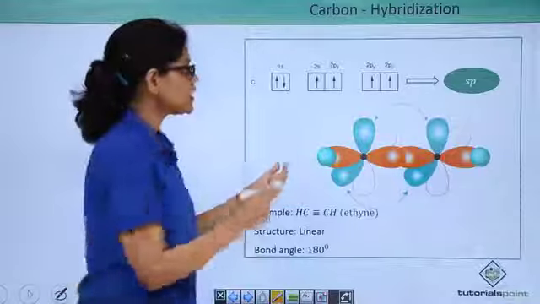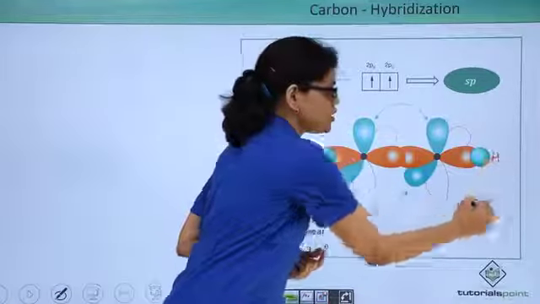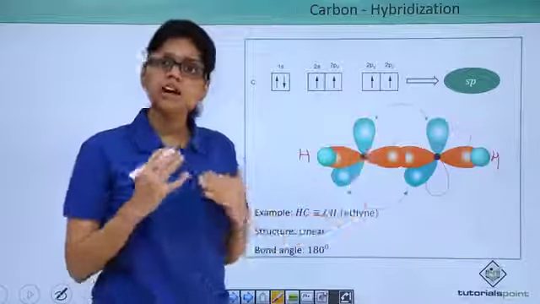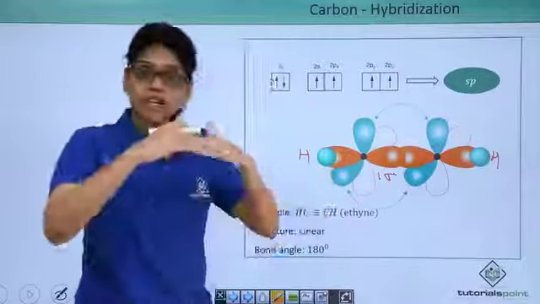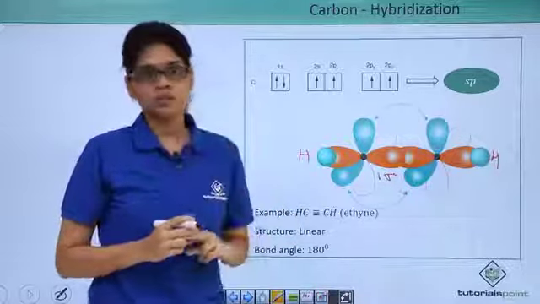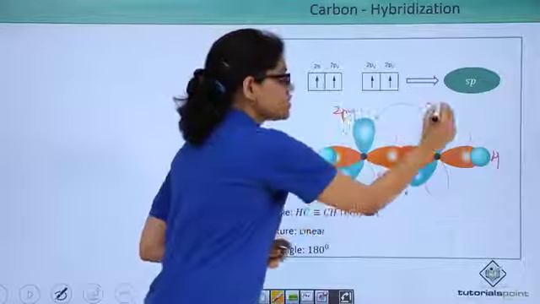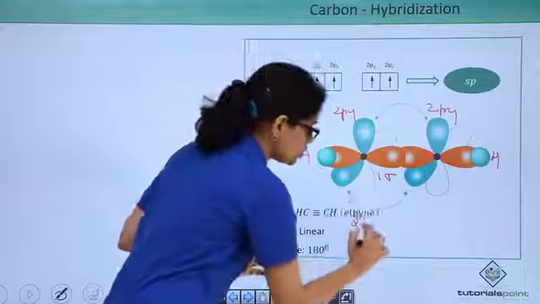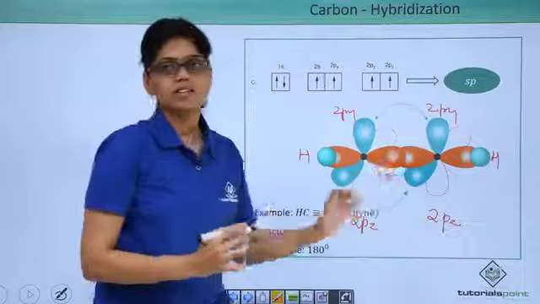Here we can see that again you have one H bonding with a carbon, which bonds with another carbon and another H, and we have two p orbitals which are unhybridized. Obviously we have one sigma bond forming from the linear overlap of C and C, and we have two parallel overlaps here, that is 2py combines with 2py of another carbon, and similarly 2pz combines with 2pz of another carbon.